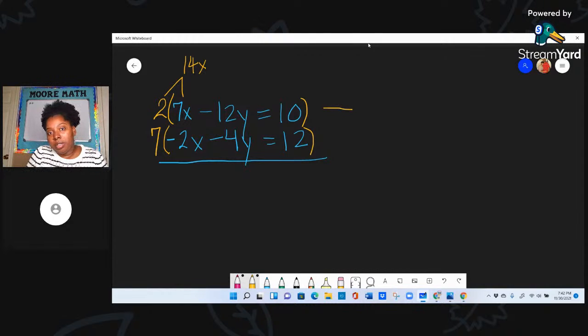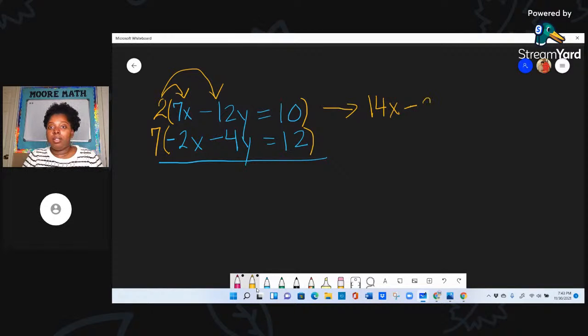Let's turn it. Okay. So if I multiply everything by 2 that's in the parentheses, we do 2 times 7x, which is what? 14x. Good. And then 2 times minus 12y, or negative 12y. Negative 24y.